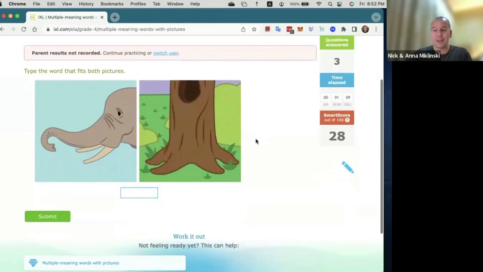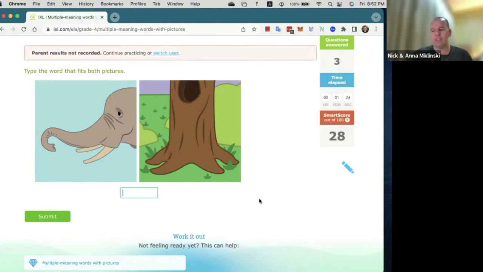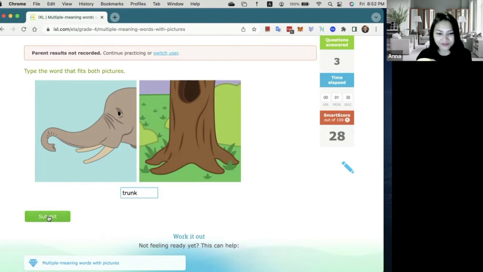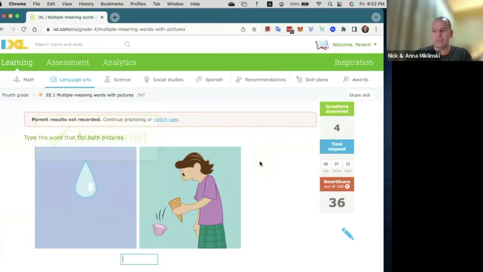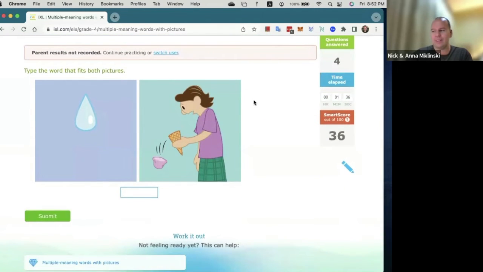Another version of on a tree, we call it the... Okay, in case I'm not good with the tree, I might look at the animal, like the elephant. I see the trunk, the trunk of the elephant. T-R-U-N-K. Trunk. Very good. Awesome. All right. Moving on.